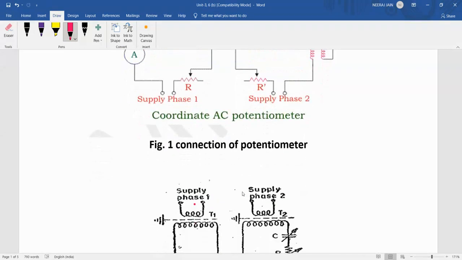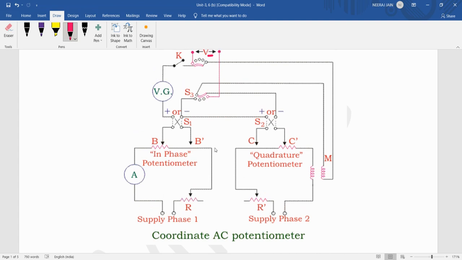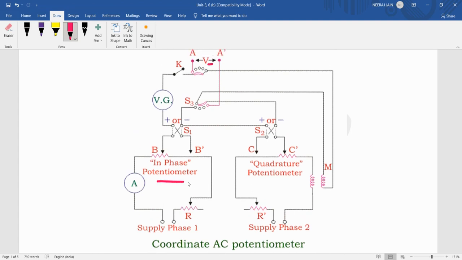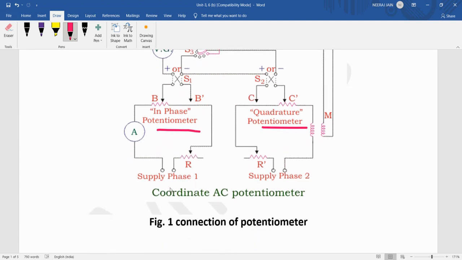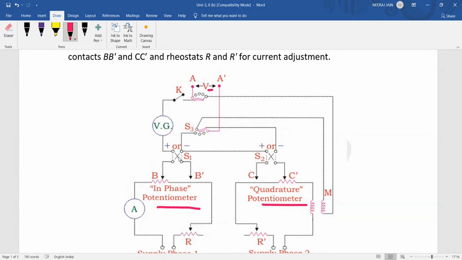As shown in the figure, the diagram shows the in-phase potentiometer and the quadrature potentiometer, and the supply is also given. Supply phase 1 and supply phase 2. These are the slide wires BB' and CC'. S1 and S2 are reversal switches used here.